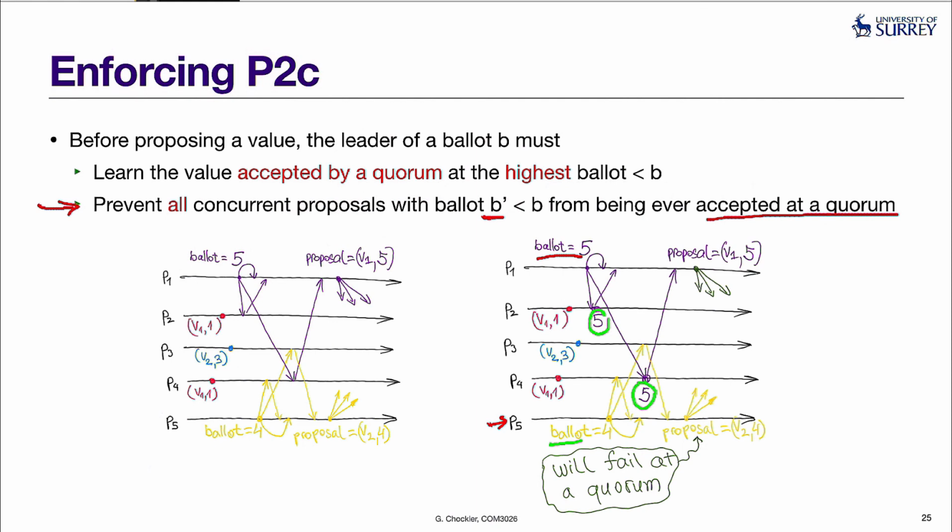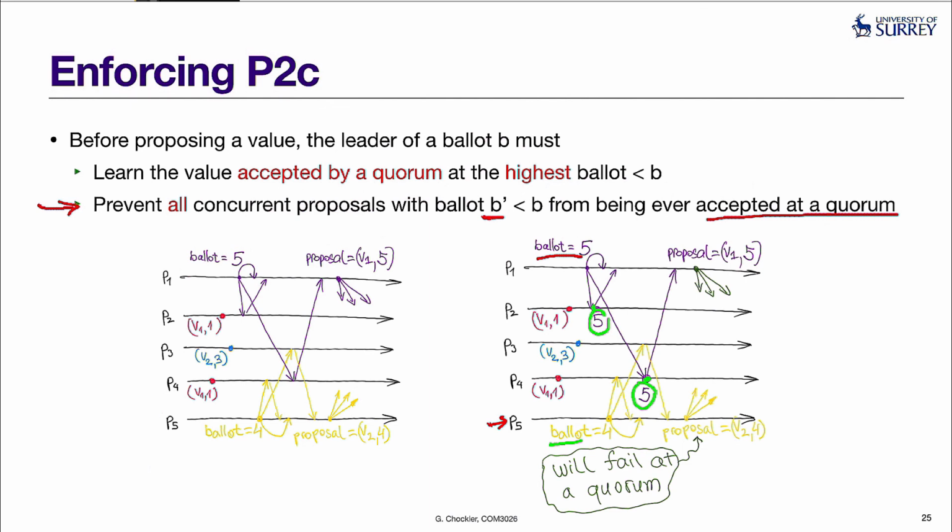Whatever process is contacted first by ballot number 5 will remember ballot 5 as the highest one in which it participates, and it will refuse to cooperate with any ballot which is lower.